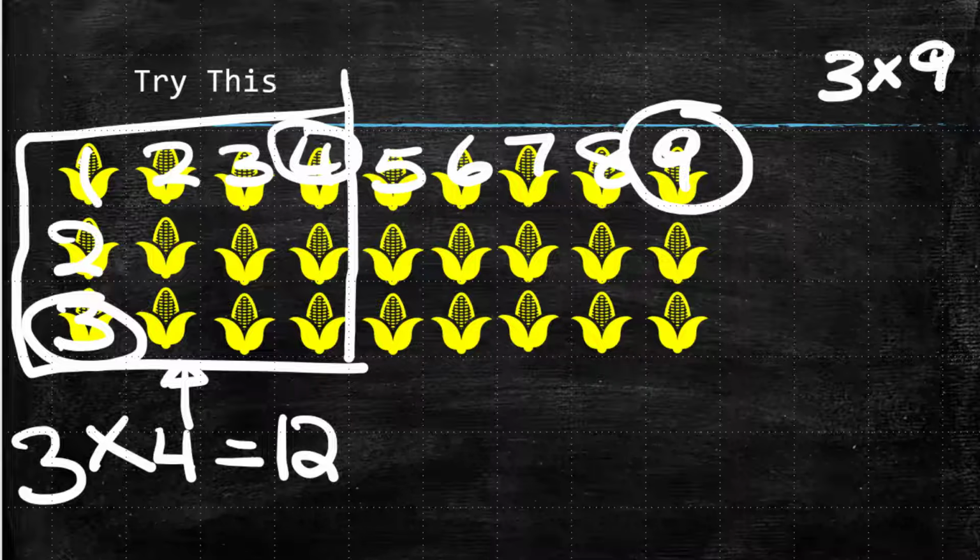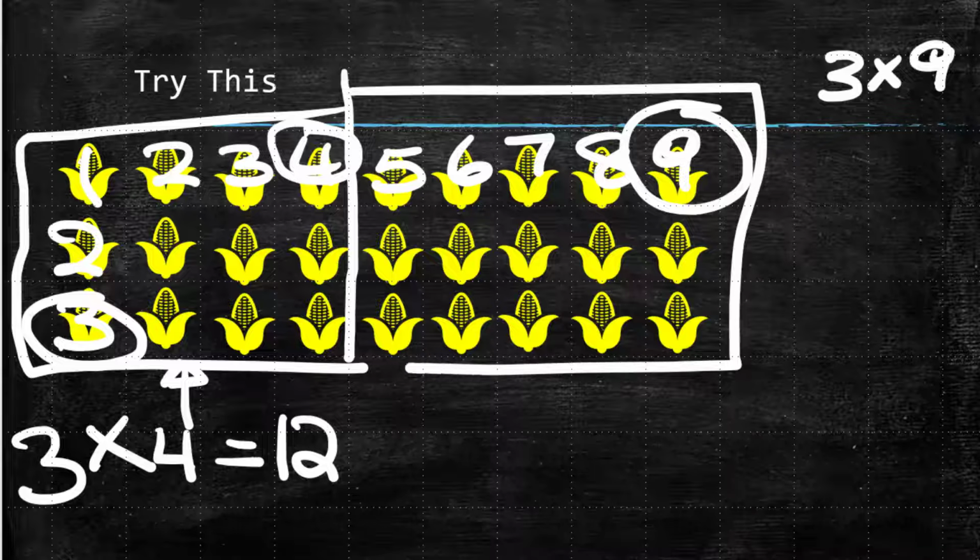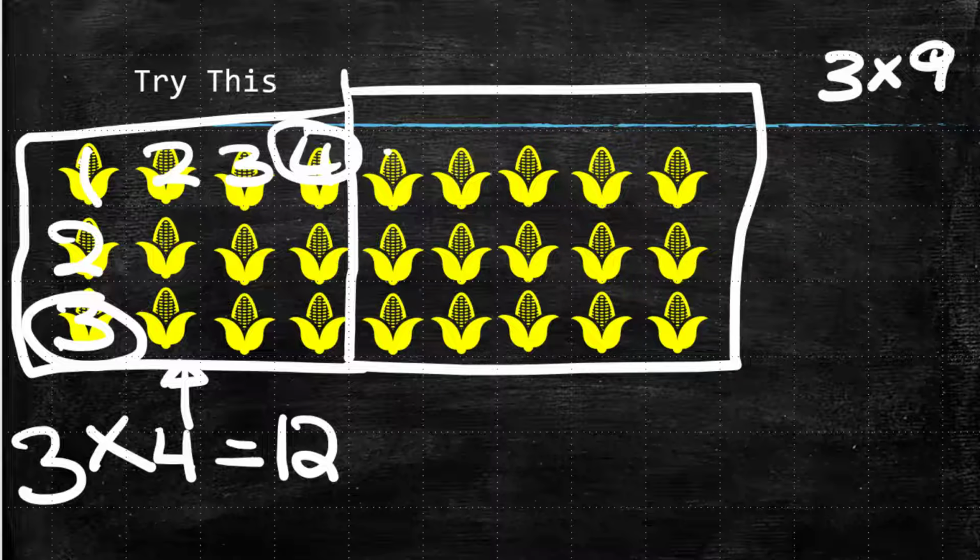Okay, now let's look on the right side of the array. Let's just erase to make sure that it's not too confusing because we counted the original part of the array. Here we go with counting. We still have 1, 2, 3 rows. That didn't change because we didn't break apart the rows. We broke apart the columns.